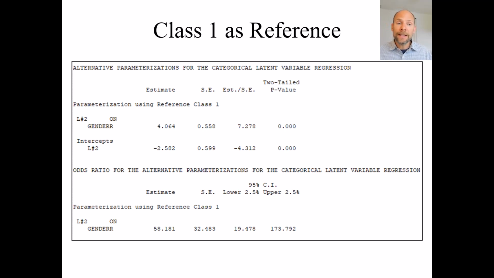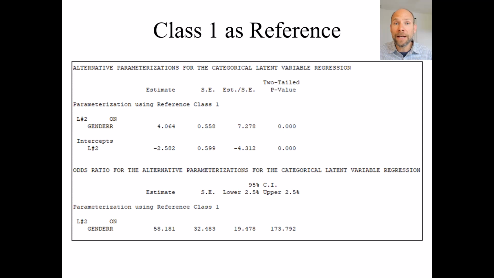And the intercept now is negative 2.582, whereas previously it was positive 2.582. So it shows you that the logistic regression model is symmetrical, and it doesn't really matter what class you select as reference or what gender group you select as reference. You only have to know what the respective reference group is so that you can properly interpret the results. But really, for the absolute value of these coefficients, the coding does not matter.